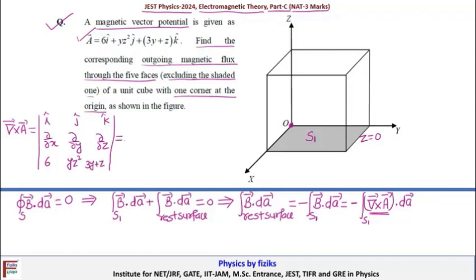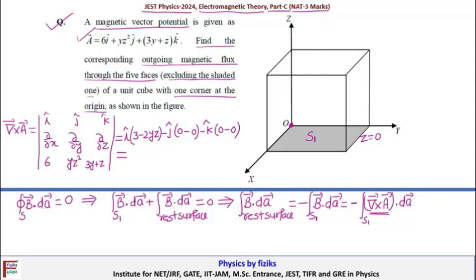So if we expand, the i cap component will be given by 3 minus 2yz, minus the j cap component, which is 0 minus 0. We can easily expand this, and the k cap component is also given by 0 minus 0.